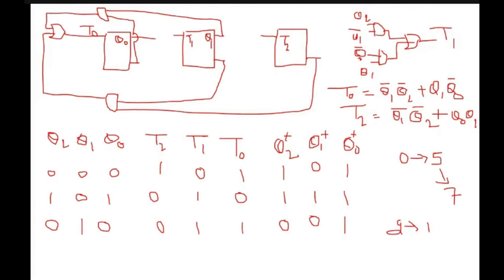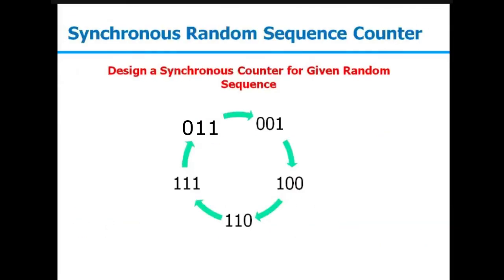So coming back to the question, we were designing this random sequence counter. We drew the state transition table. We found the values of inputs T0, T1, T2, and then we drew the circuit.